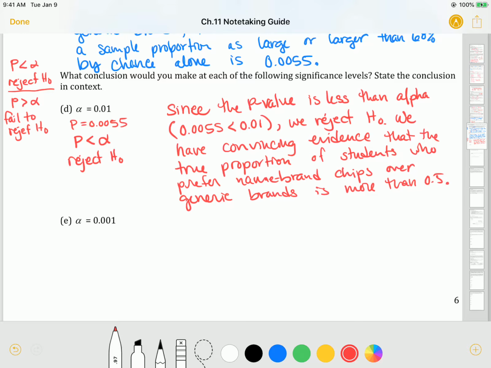Okay? So that's basically implying that more than half of the people like name brand chips over generic brand.